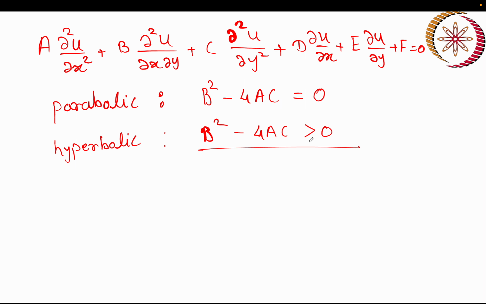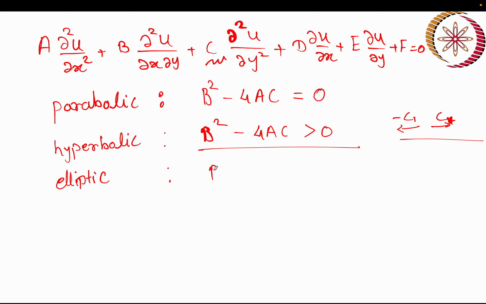In this hyperbolic case, there will be two characteristics, and if you know the wave equation, the wave in the 1D case can travel in, let's say, plus c and minus c. This is not that c, so let's say this is c1 only. This is the wave speed at which the wave will be traveling. So the wave equation is hyperbolic.